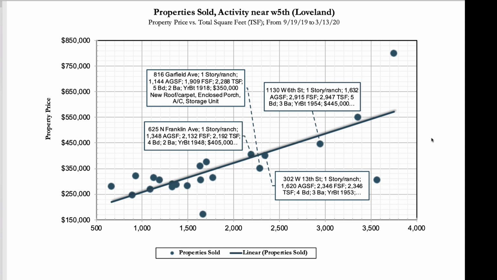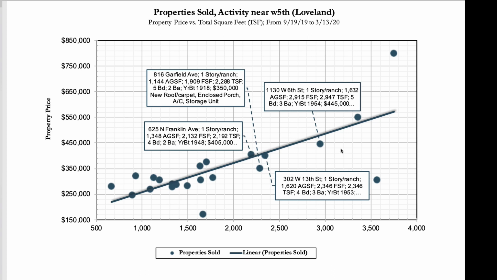We love these scattergrams to price properties because when we price properties, we like to look at 5 factors. The most important factor is location, and for the most part, these are all pretty comparable location-wise. They're all in that 1 mile rectangular square that we talked about, so they're all pretty close. The next thing we like to look at is price and size, and you can see on this graph we can show the price and the size very easily.